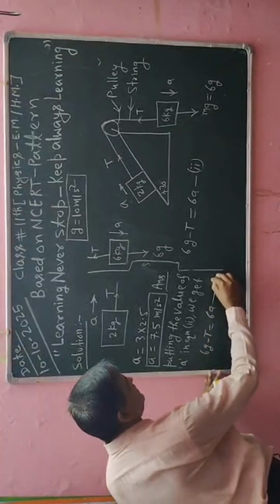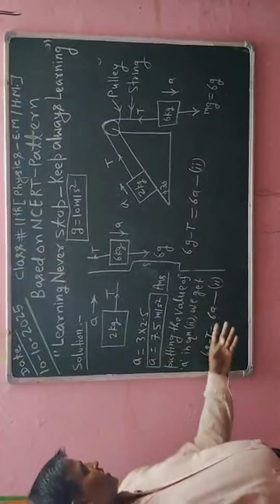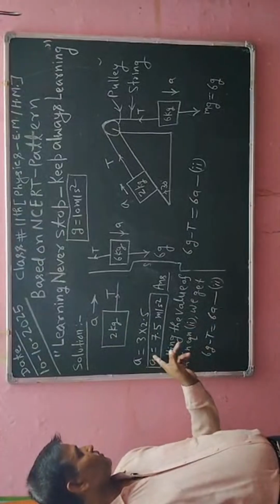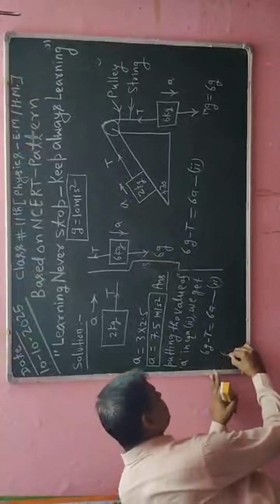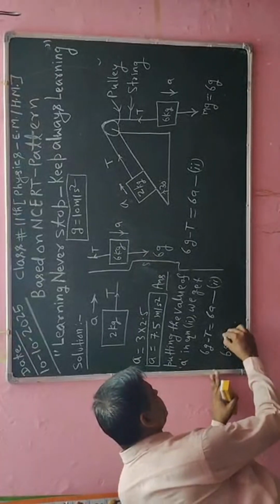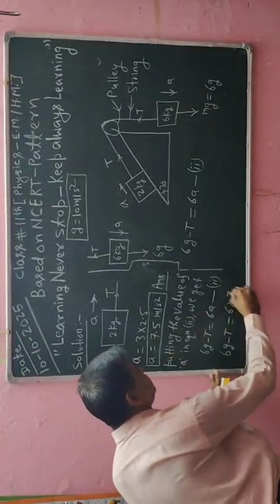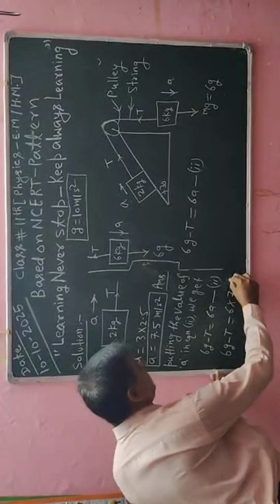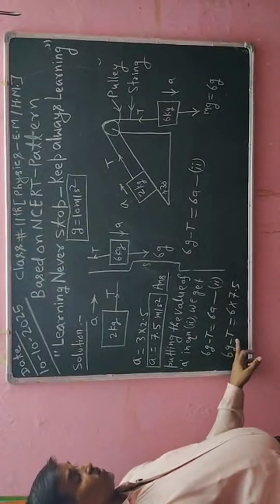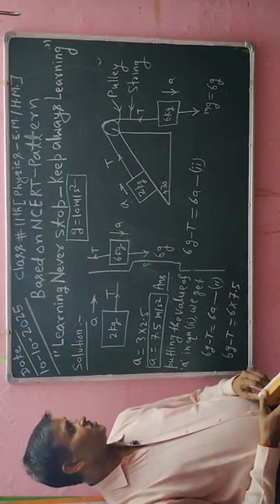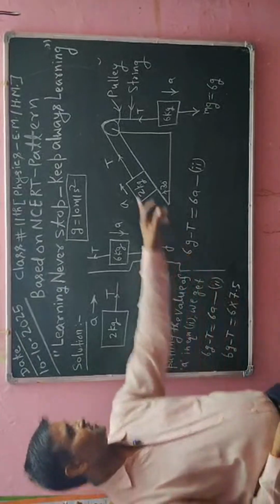Now further I have to substitute the value of A from here to get the value of T. So here I am going to write 6g minus T, which is equal to 6 into 7.5, the value of A. Okay, further I will simplify, and after simplifying I will get the value of T, and that will be the answer of my question. That is the tension force which is existing in the string.